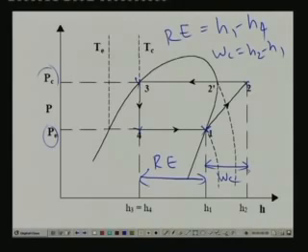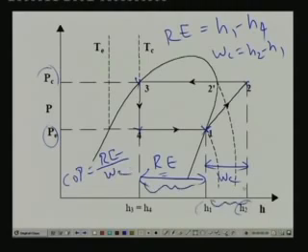Okay, so the moment you locate all the points, you can straight away read the enthalpy values and you can get the refrigeration effect and work of compression. So COP, as you know, is nothing but RE divided by WC, that means this length divided by this length. So straight away you get the value of COP, and you can also find out the required mass flow rate if you know the capacity, because mass flow rate is nothing but refrigeration capacity divided by RE, and RE is nothing but this length.